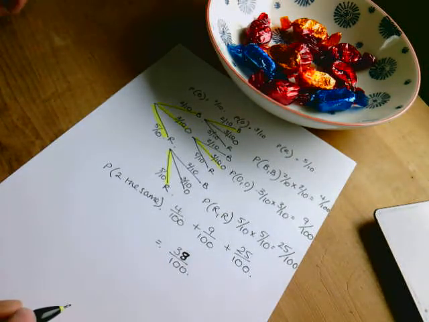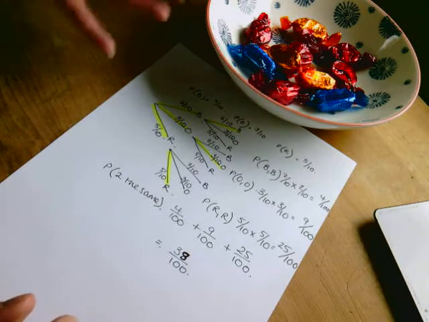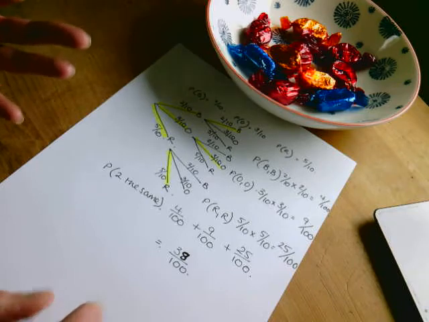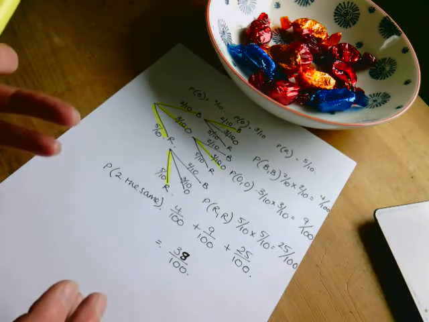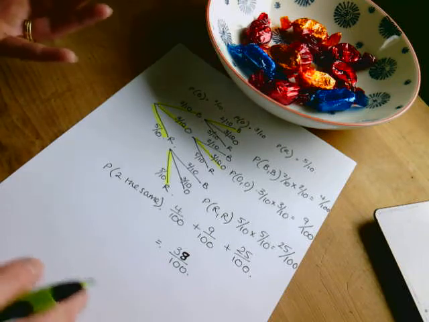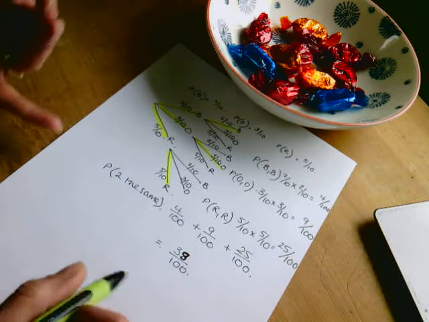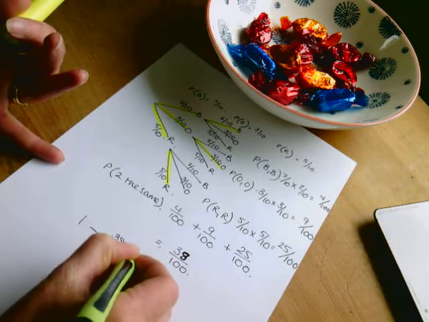Okay. If we wanted the probability of two different sweets, then we know that probability always adds up to 1. So we could either have two the same, or we could have two different ones. There isn't any other possibility if we're going to take two sweets. So it always adds up to 1. So to work out the probability of two different ones, we could take 38 over 100 away from 1. So 1 take away 38 over 100.